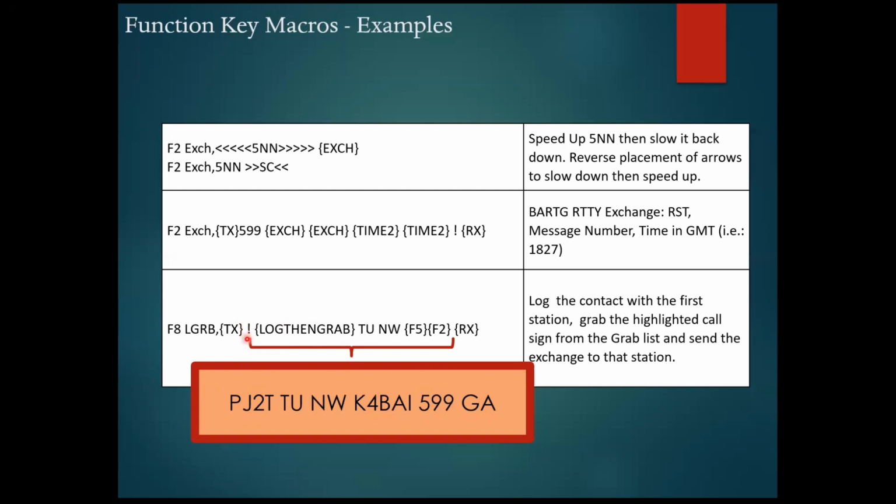When you complete a contact with PJ2T, it'll go out and grab the next person in that stack, which you've clicked on and populated that stack. It'll say PJ2T, thank you. Now K4BAI, which is thank you now, and F5 is where the other guy's call is, and F2 is the exchange, K4BAI 599 Georgia, and then it'll switch back to receive. So you can do that type of thing with this as well.